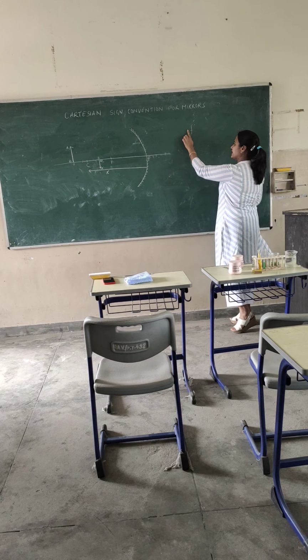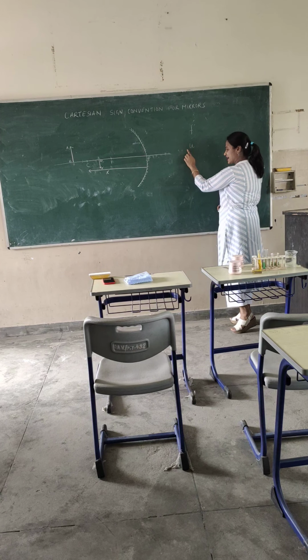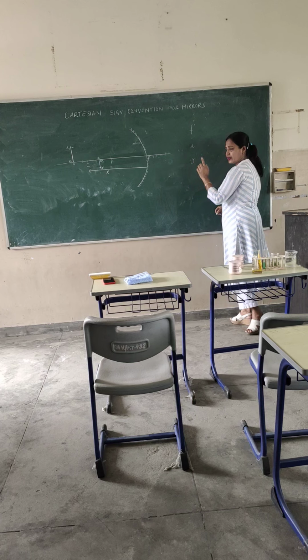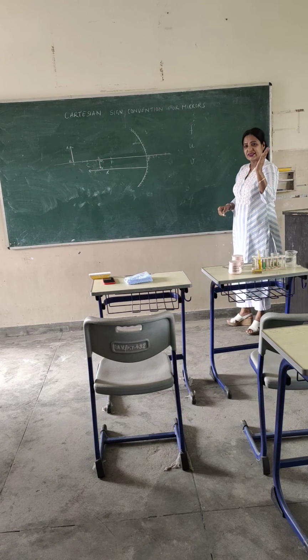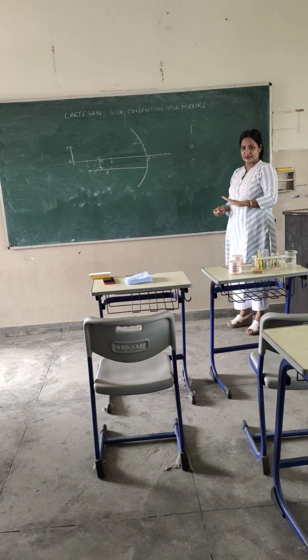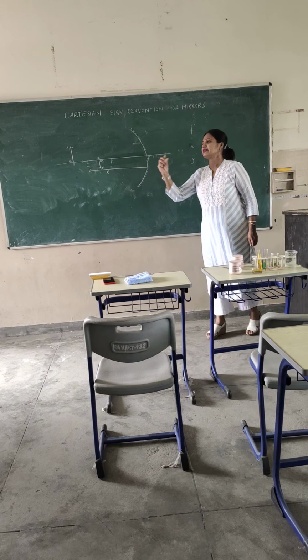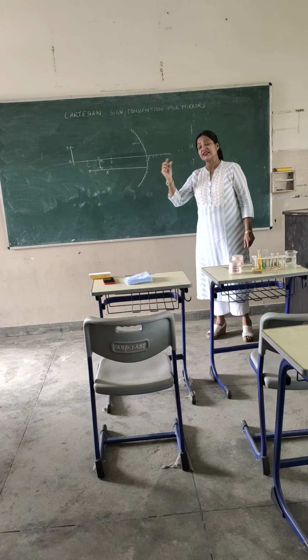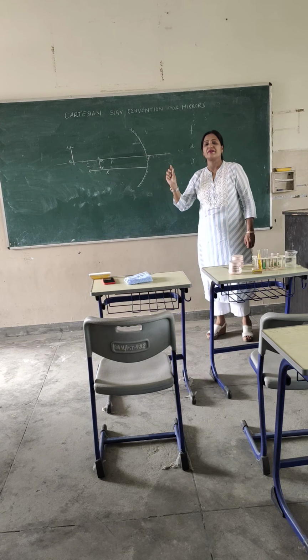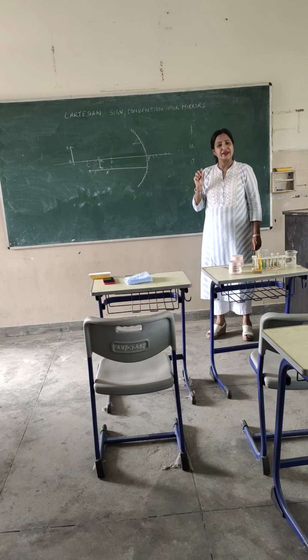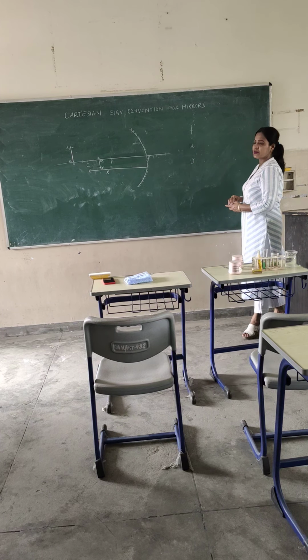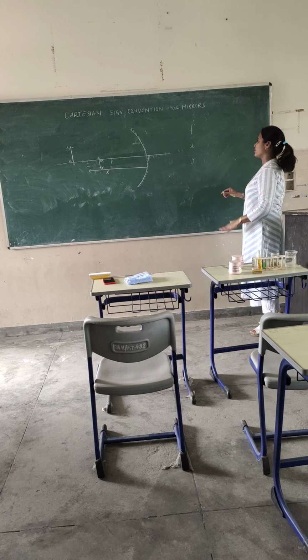We are not going to write minus f and plus f, u and minus v. Never. The signs are to be put with the constants. Focal length is 10 centimeters. So वो जो 10 centimeter है, वो प्लस या माइनस हो. Right?